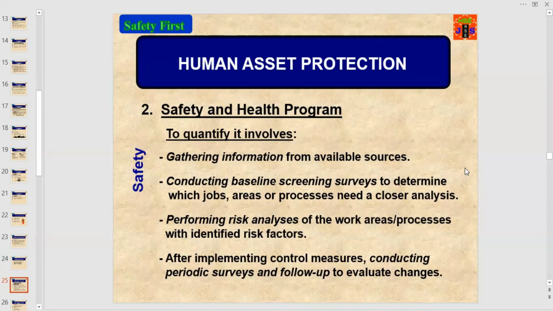To quantify, it involves gathering information from available sources, conducting baseline screening surveys to determine which jobs, areas, or processes need a closer analysis, performing risk analysis of the work areas or processes with identified risk factors. After implementing control measures, conducting periodic surveys and follow-up to evaluate changes.